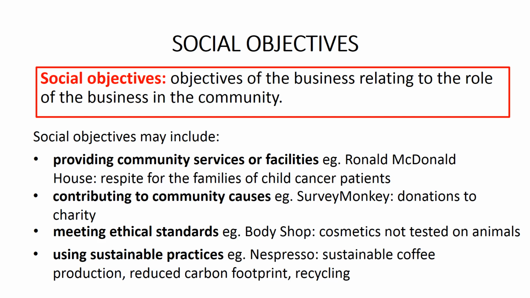Similarly, Nespresso tries to reduce its carbon footprint by, for example, buying electricity that is generated by renewable sources such as wind farms and solar farms, rather than buying its electricity from coal-fired generating stations which use up coal, which is a resource that can be depleted, and the burning of which also adds to environmental pollution.